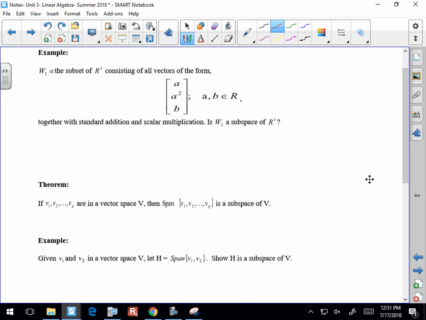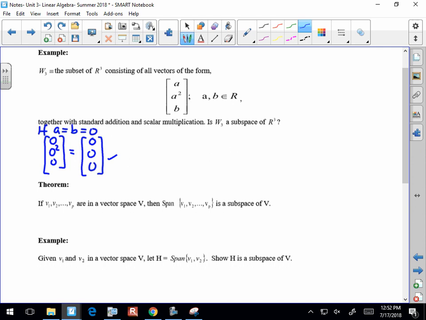A and B belong to the set of real numbers. So if A equals B equals 0, then we'd have 0, 0 squared, 0, which would be the 0 vector. So that checks out.